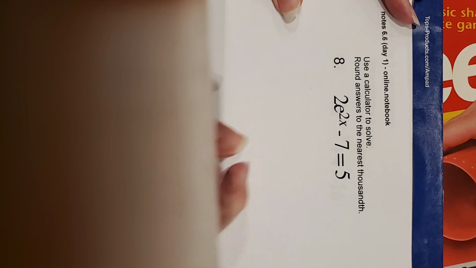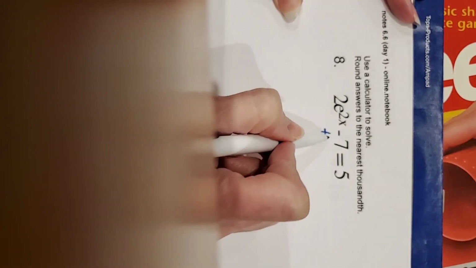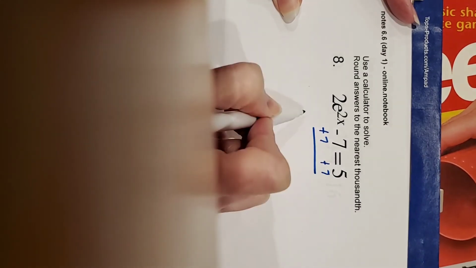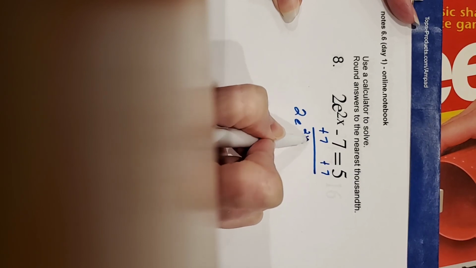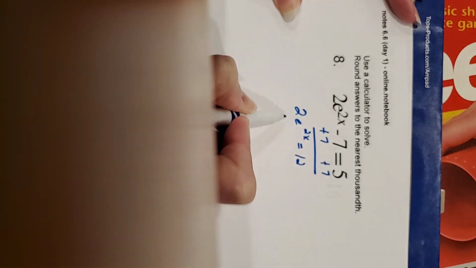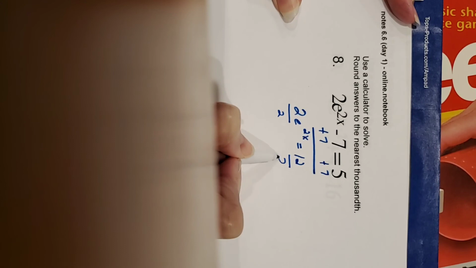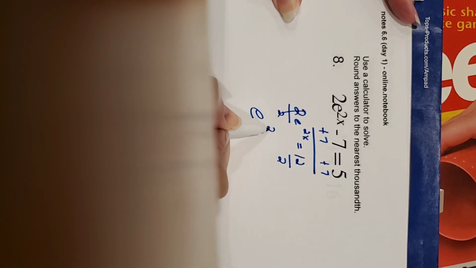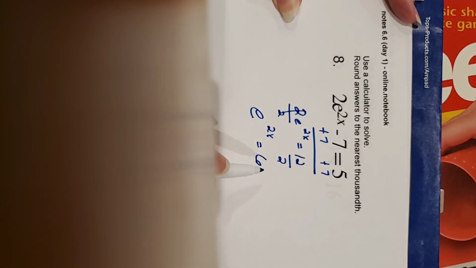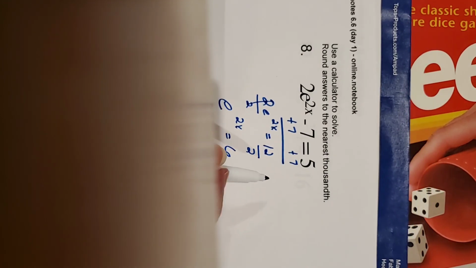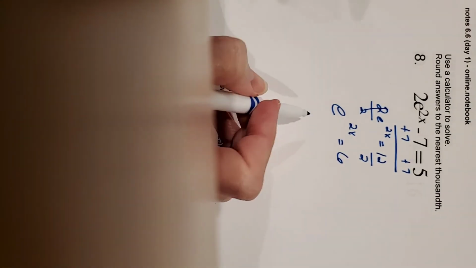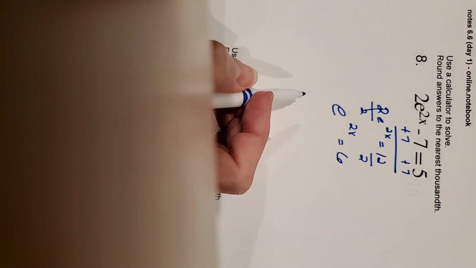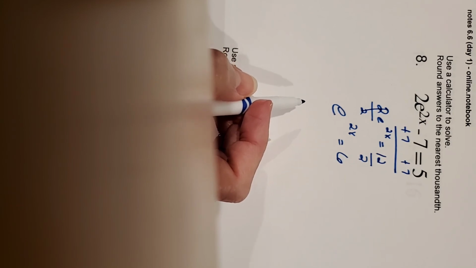Let's try one more of these. We're going to add 7 to both sides, and I get 2e to the 2x equals 12. Divide by 2, so e to the 2x equals 6. Now I need to write this in natural log form because e goes with natural log.